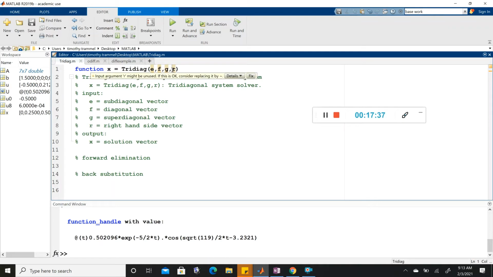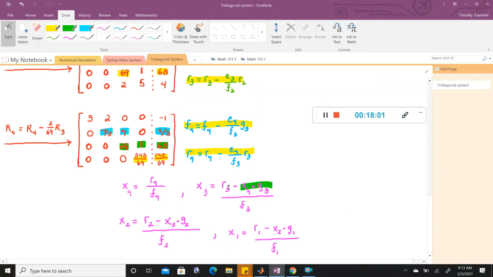If we were working with A being a 4x4 matrix, that would mean that R would have 4 entries in it. And also the main diagonal should have 4 entries in it. But remember, the lower diagonal and upper diagonal are going to have 3 entries, 1 less entry. We can take a peek at that real quick.